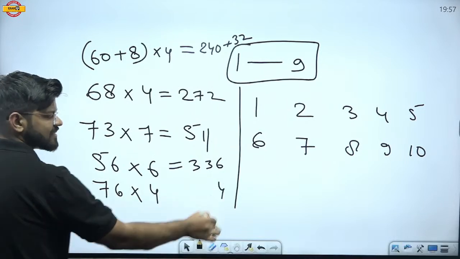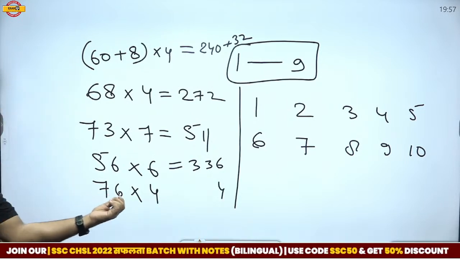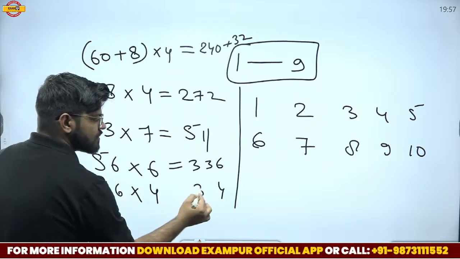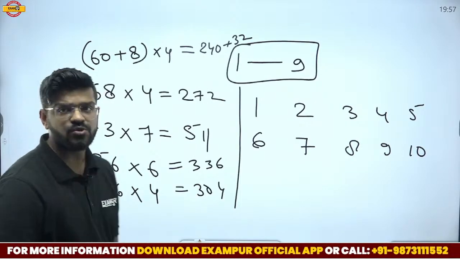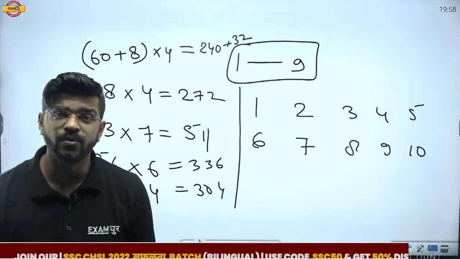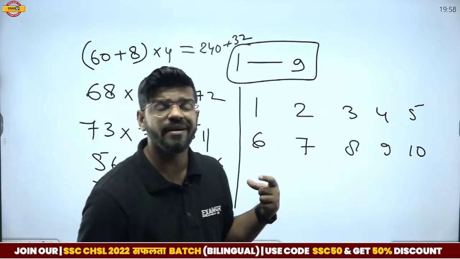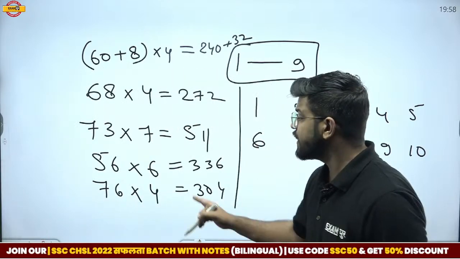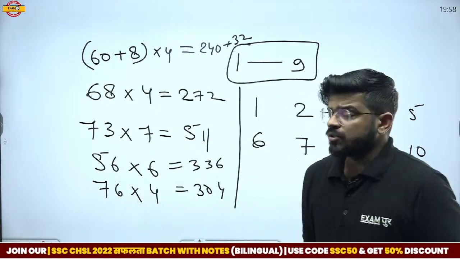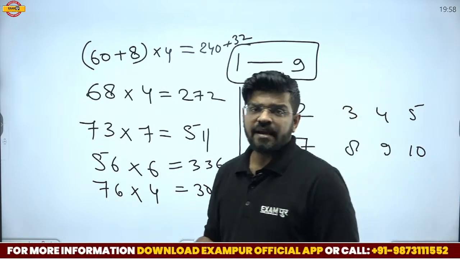So the 4 will be as it is. So 280 and 2, that means 28, and you have to add this 28 and 2. So this is how you can calculate fast in your mind.